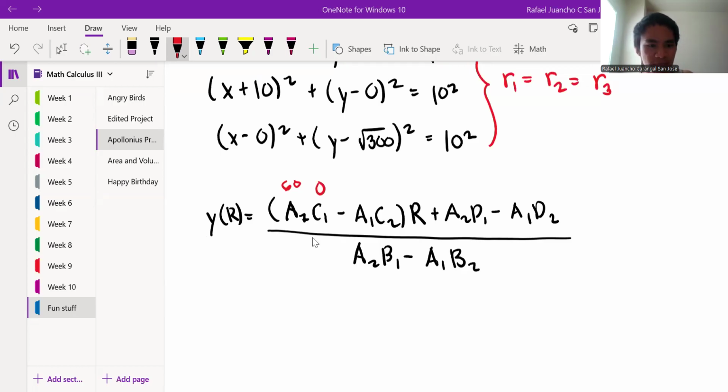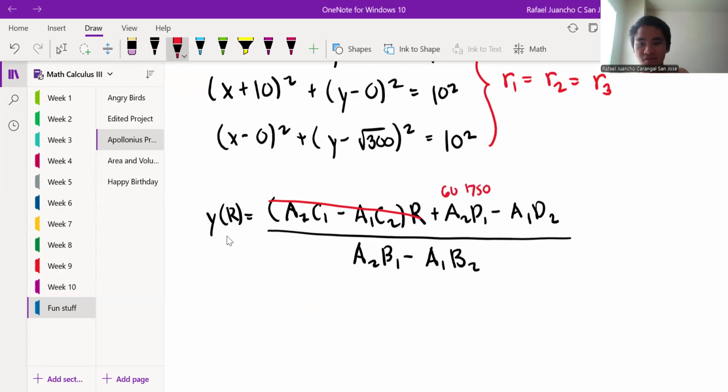A1 is 6. Oh, what's C2 actually? C2 is 0. So here everything just sticks out, so everything here is just 0. And then my A2 D1, A1 D2.